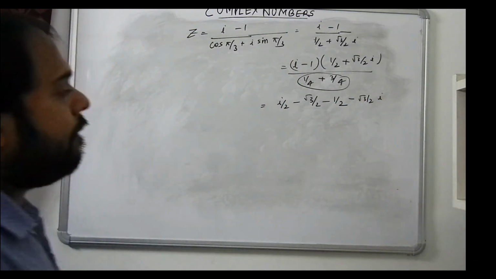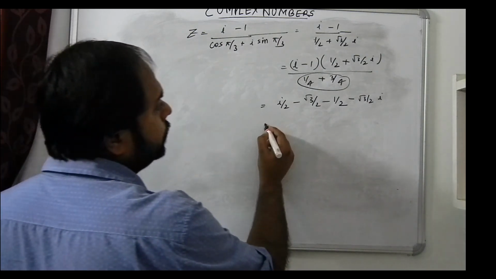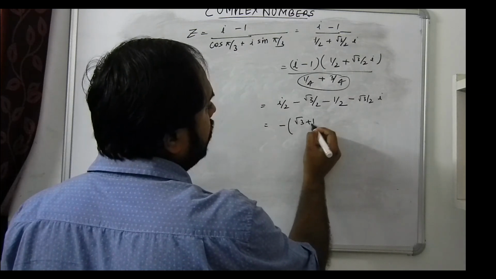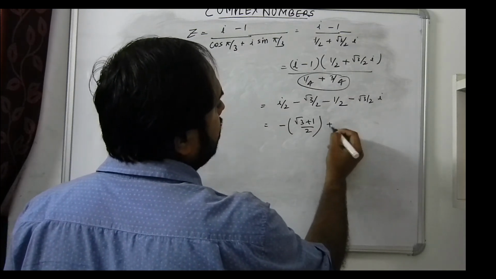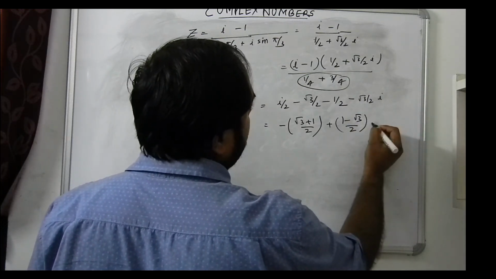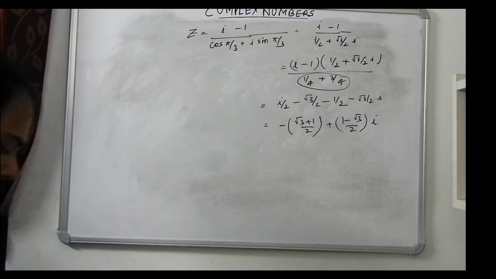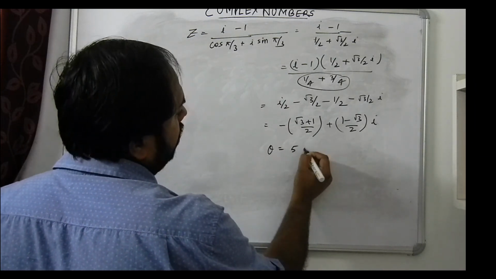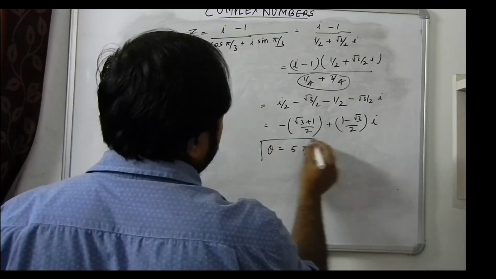So it becomes (minus root 3 plus 1) by 2 plus (1 minus root 3) by 2 iota. So this becomes like this. When we solve the trigonometric equation, we know that theta is equal to 5 pi by 12.